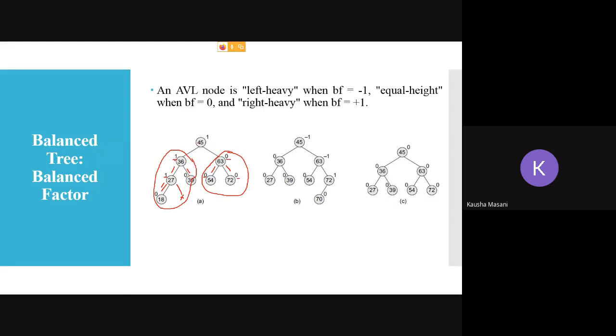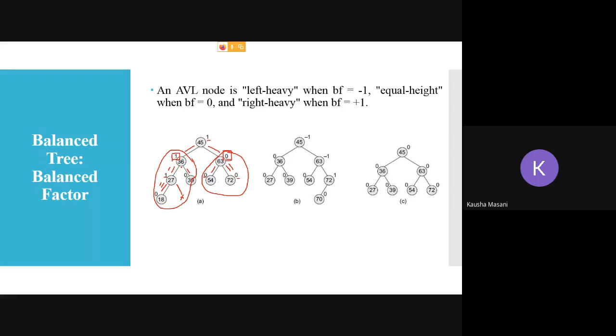Here you can directly take the balance factors of its child nodes, or if you want to be very sure, you can calculate the total height: 1, 2 and 3, and here 1 and 2. So 3 minus 2 is 1. Or using the balance factors, 1 minus 0 is 1. So this is my balanced AVL tree.